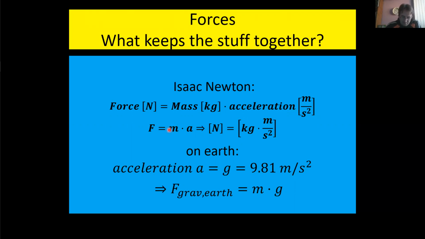The mass is a measure of how inert a body is towards changes of a state of motion. And on Earth, it turns out that this acceleration a, we would write down with lowercase g, turns out to be 9.81 meters per second squared.